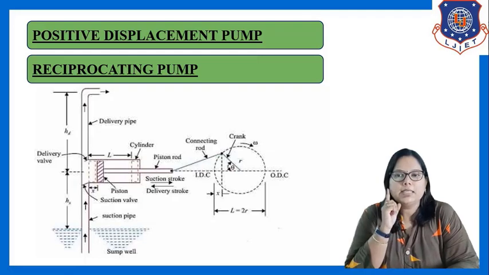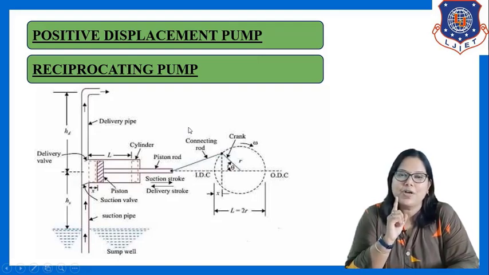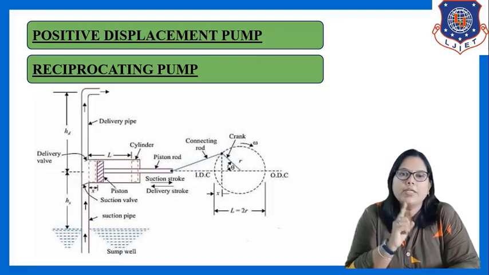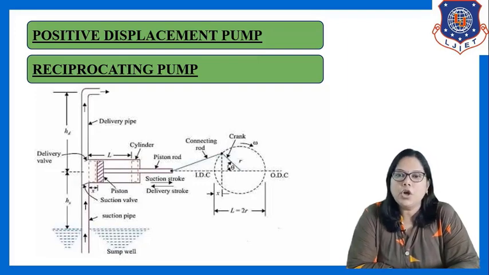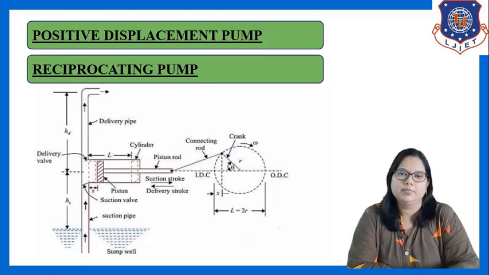Remember one thing, both suction valve and delivery valve are check valves. We have already seen different types of valve. In that we have seen check valve, which is a non-return valve. This non-return valve provides the unidirectional flow. That means it provides the flow in one direction only. So this is all about the construction of reciprocating pump.